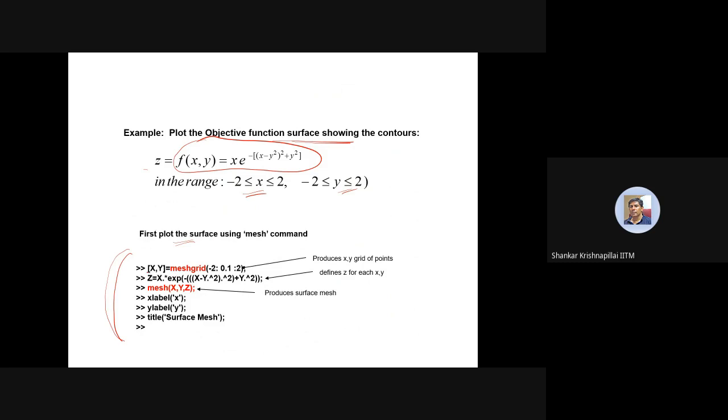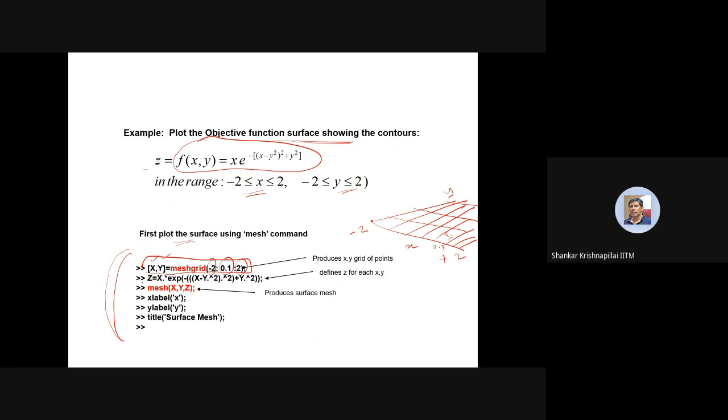First, you have to obtain the XY grid by this command. In this command, you are saying that X and Y range from -2 to +2 in steps of 0.1. You have to give the grid step size. This command will draw the grid. Suppose this is X, this is Y, this command will make the grid like this, from -2 to +2 with a gap of 0.1.